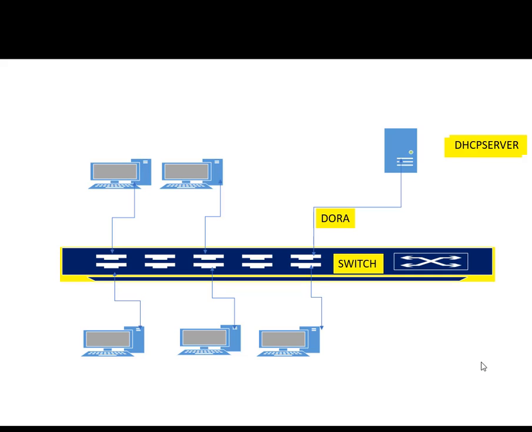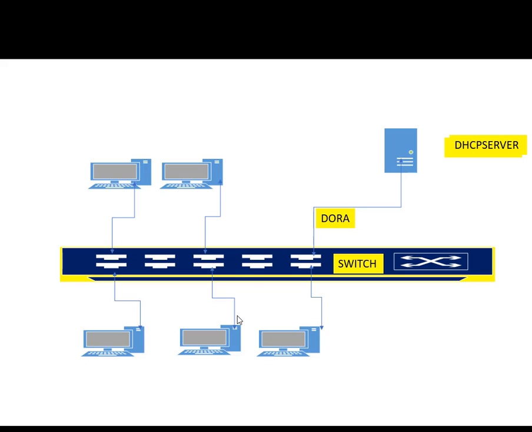So now we have one problem here. We have only one server, as you see. Let us say this server, for whatever reason, goes down and is not available anymore. We still have 100 computers and they don't have IP addresses, right? So what happens?